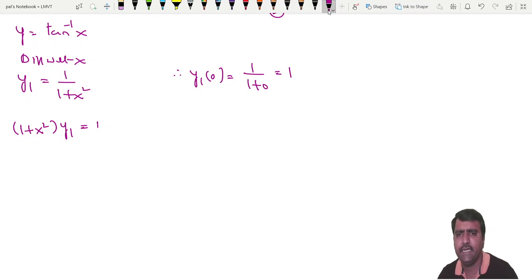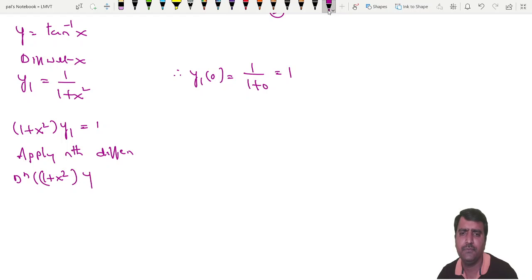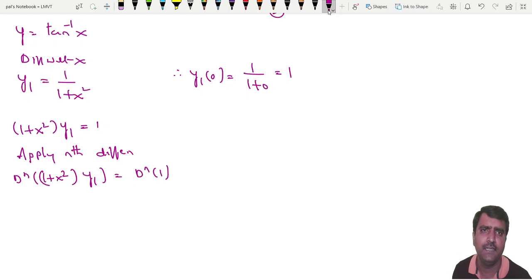Take its nth differentiation. So then it is nth differentiation of 1 plus x square into y1 is equal to nth differentiation of 1. 1 is a constant, the first differentiation of 1 itself becomes 0. So the right hand side is 0.